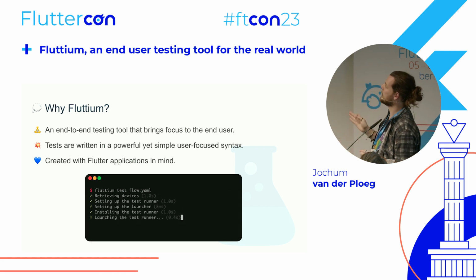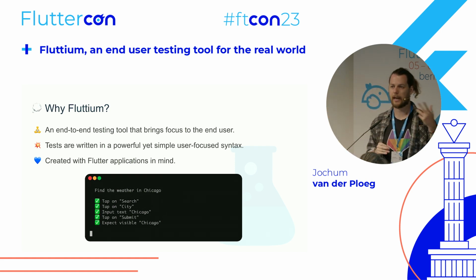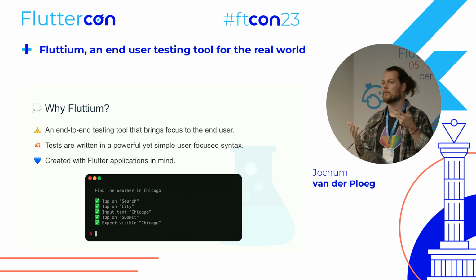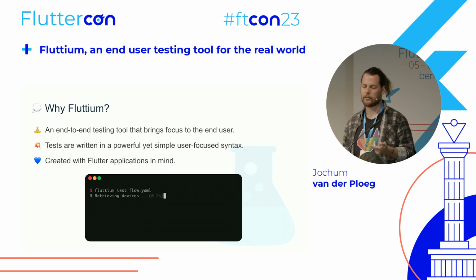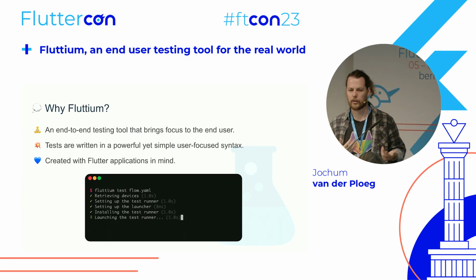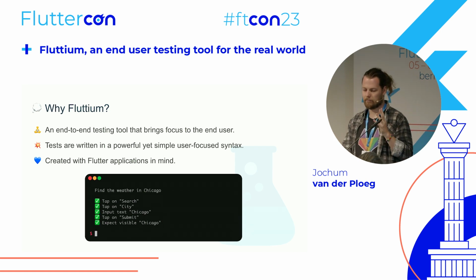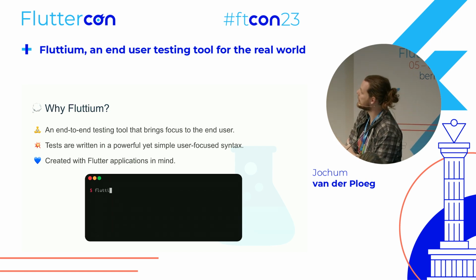So that's why Fluttium exists. And obviously it was created with Flutter applications in mind because things like Appium and Maestro support Flutter to a certain degree, but they are never as intertwined with it as Patrol is or Honey is or Fluttium.